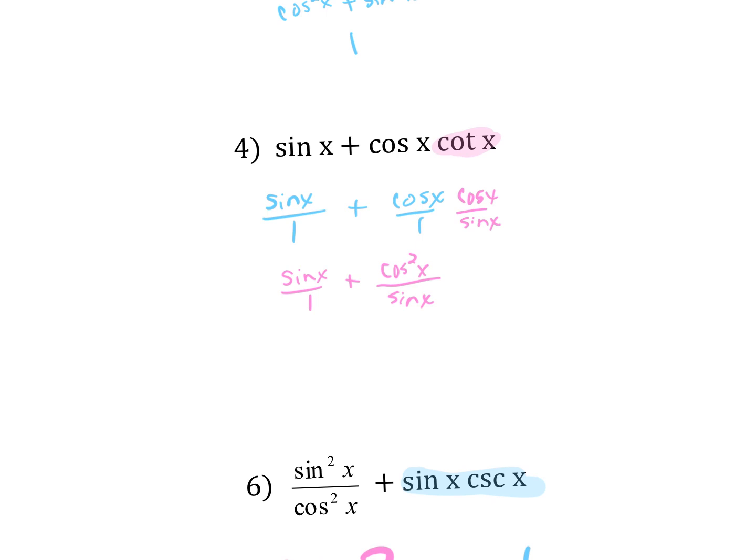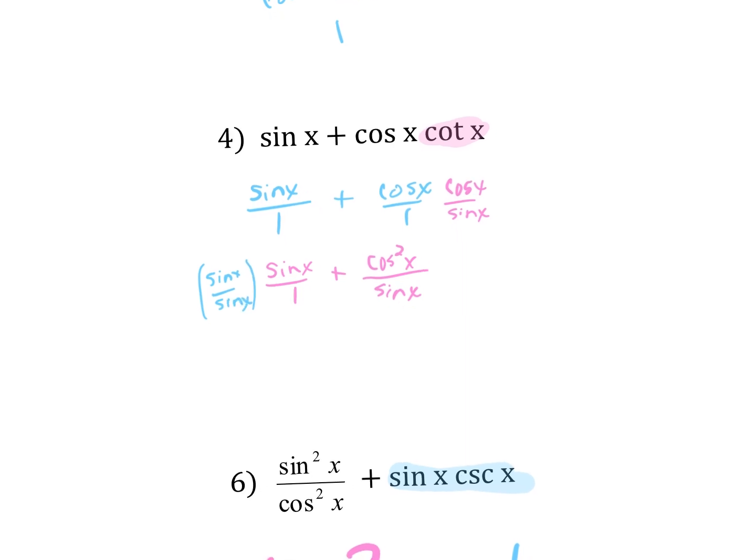So if you think about it, guys, we've got fractions that we're trying to add. We need a common denominator, yeah. So we've got to multiply this fraction by sin x over sin x. And think about what that's going to give us. Avery.